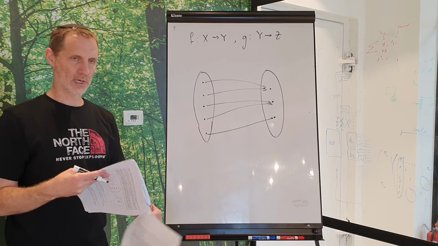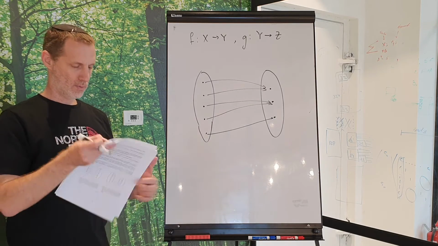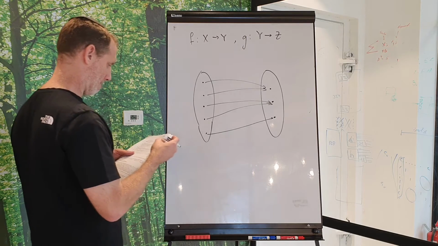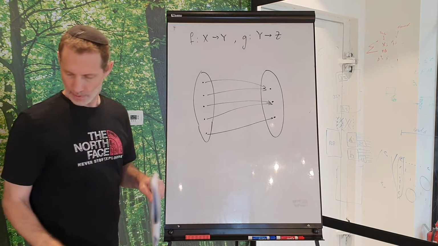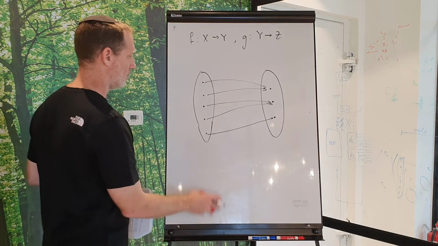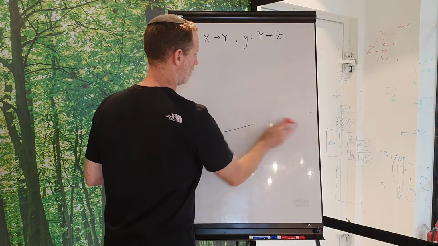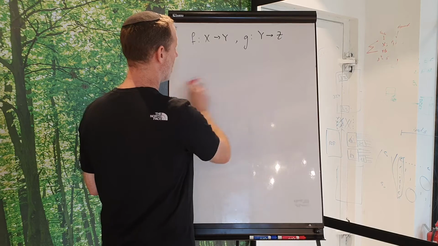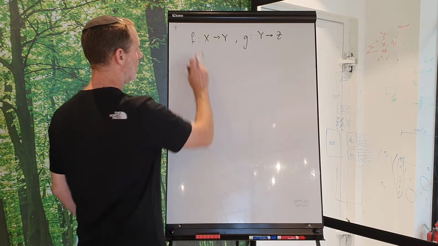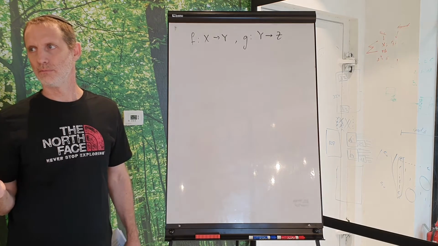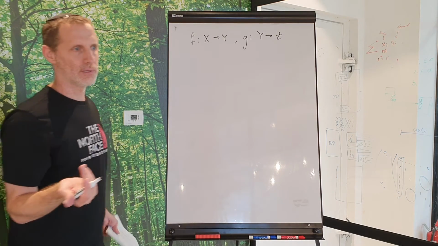And then let's again look at what happens, first of all, at the compositions, right? The first thing that we'll say is maybe the trivial thing. What happens if F and G are surjective? The composition is surjective, right?